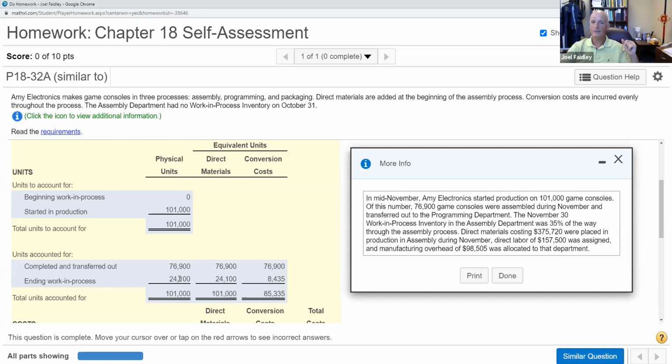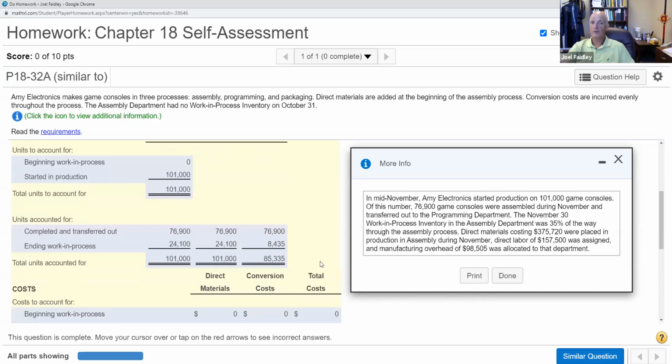So 35% of 24,100 is 8,435. So I physically have 24,100 of these consoles, but from a theoretical standpoint, I really only have 8,435 from the standpoint of applying cost. All right, so we're done with the first half of this.